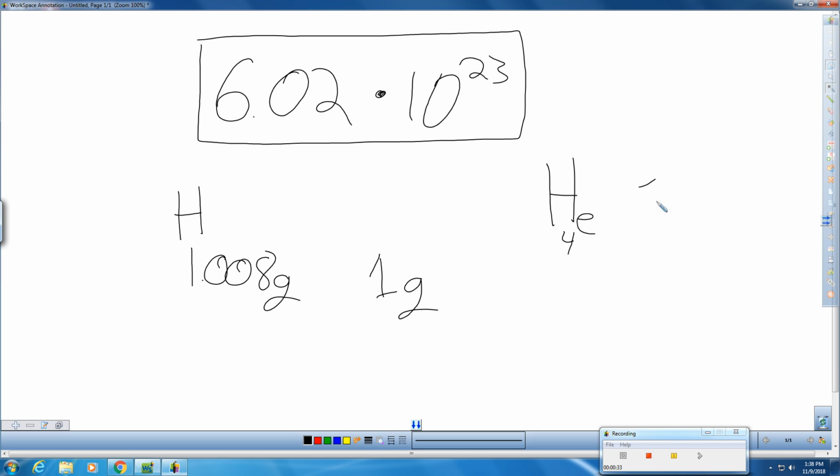So 1 mole of helium is how many grams? 4. Cool. Is this easy so far? This should be really easy so far. Now we can start to make it more complicated, but it's not going to get too hard.